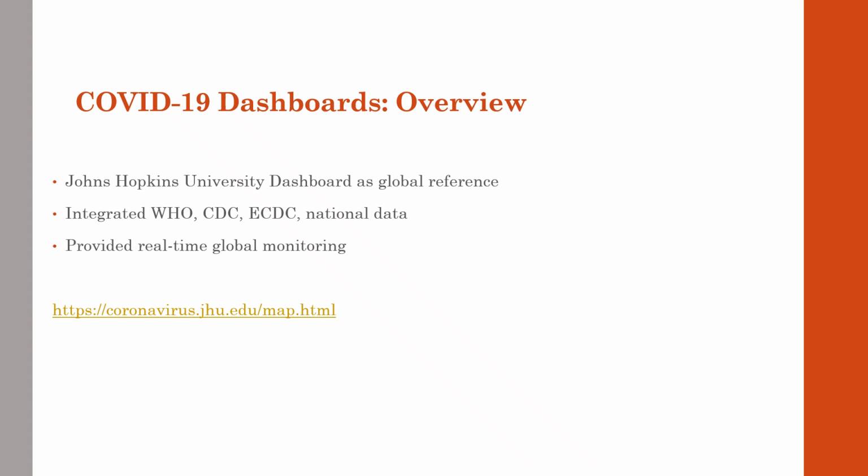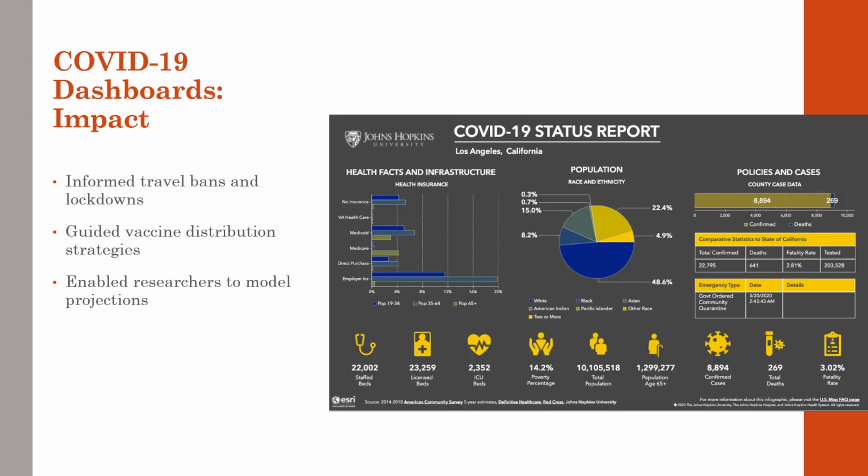Its impact was immense. The data informed major public health decisions from travel bans to vaccine distribution. It also provided a vital tool for researchers to model the spread of the virus and forecast future needs. The image you are seeing is from the Johns Hopkins COVID-19 dashboard.